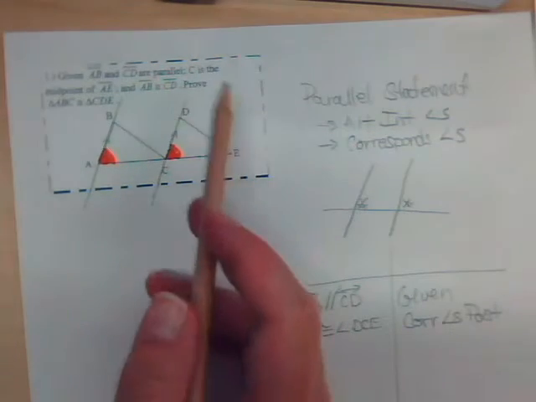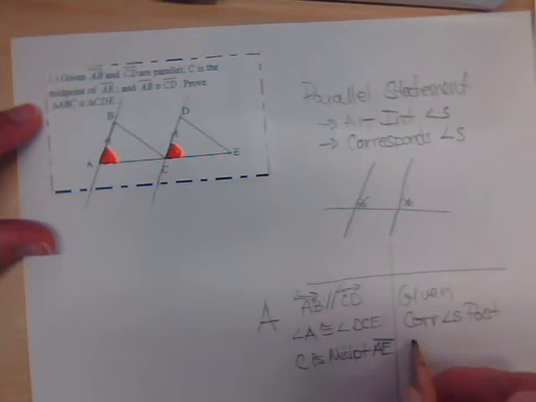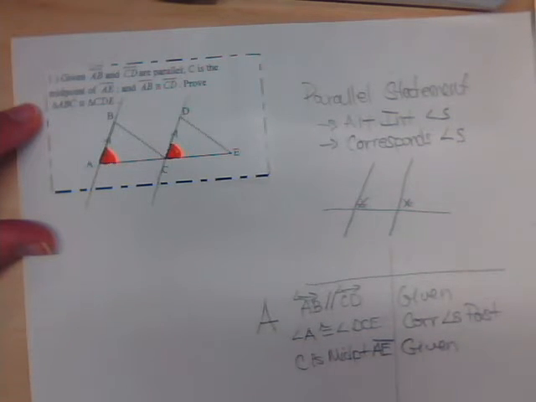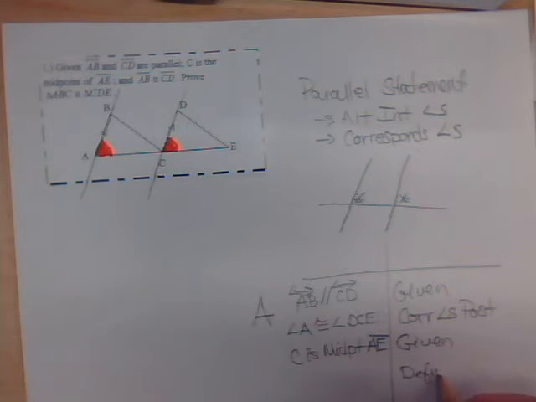Then the next statement says C is the midpoint of AE. That's given. So any time they give you a midpoint statement, what's our next answer? Definition of midpoint, and what does that tell us?